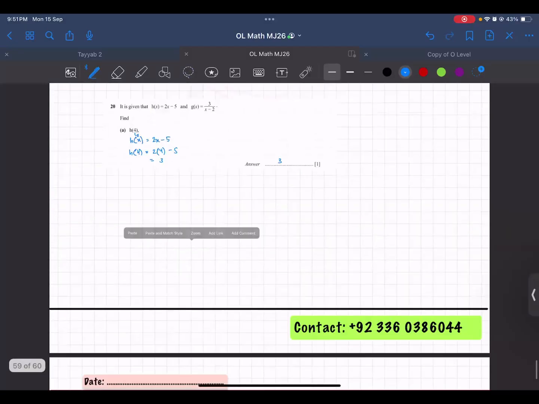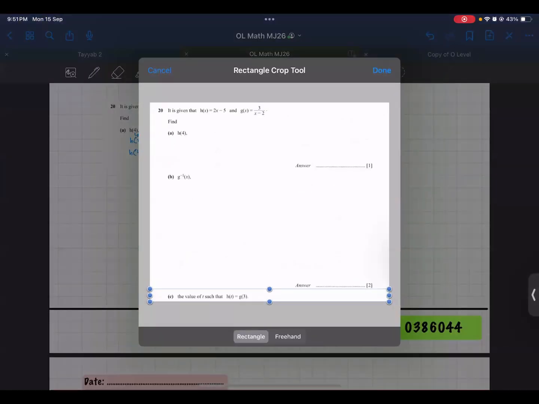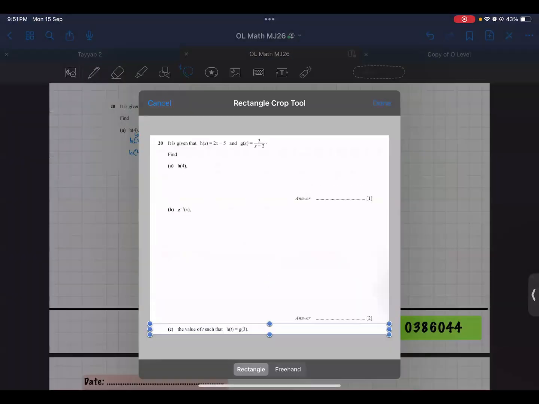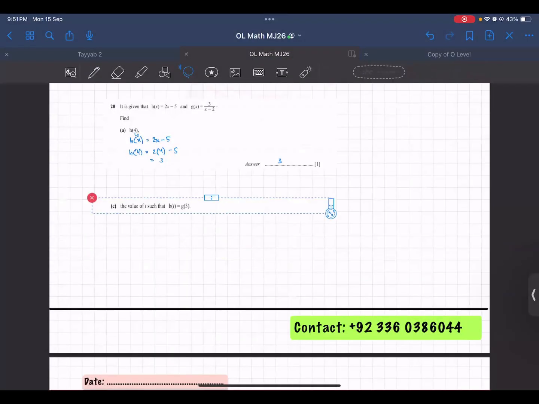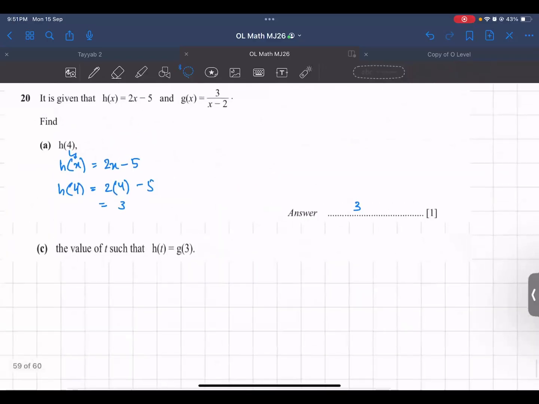For the second part, that was more interesting. The second part is the inverse thing. We will do that later on, maybe tomorrow or in the next class. The third part is more of our concern right now. They are asking us to find the value of t such that ht is equal to g3.